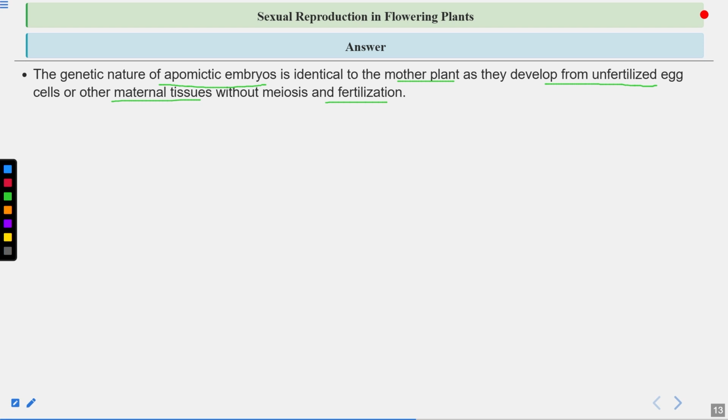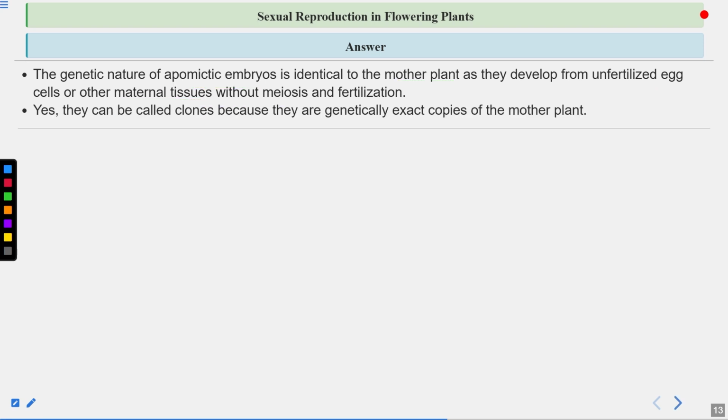So they are developed from the unfertilized egg cells or other maternal tissue like nucellus, without meiosis and fertilization. No meiosis is there, no reduction division is there, and no fertilization also, right?